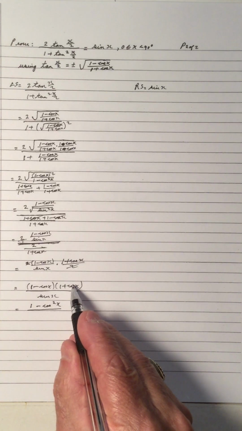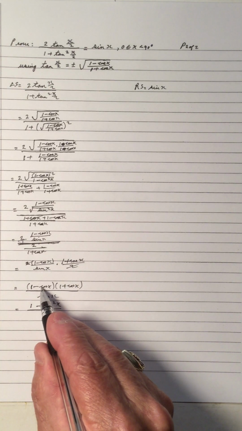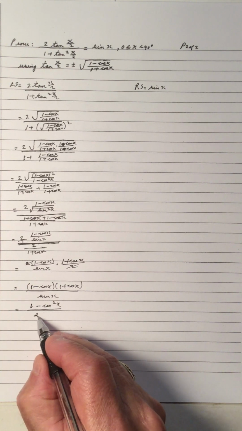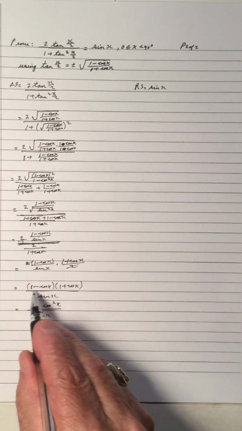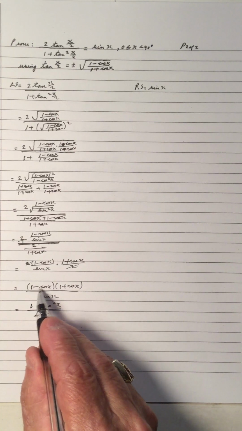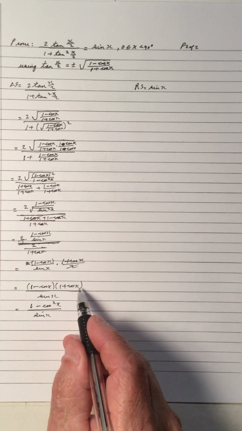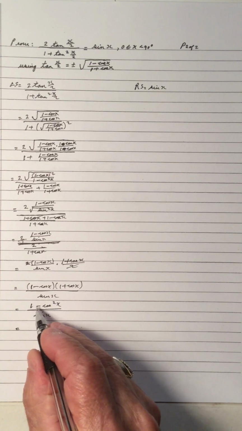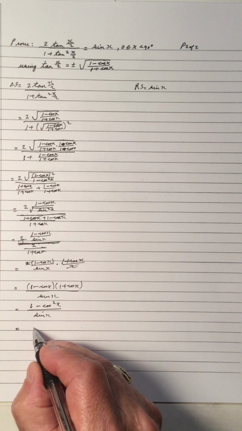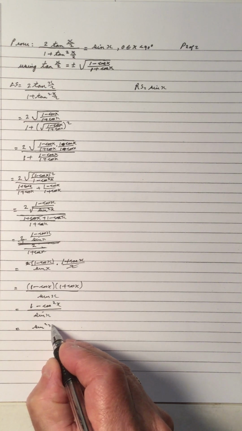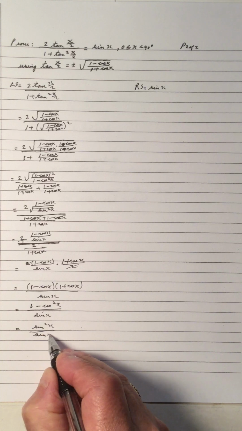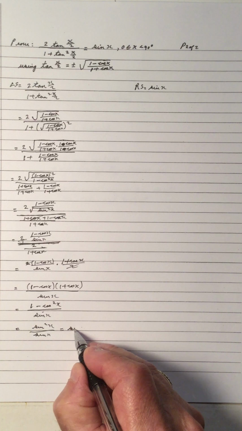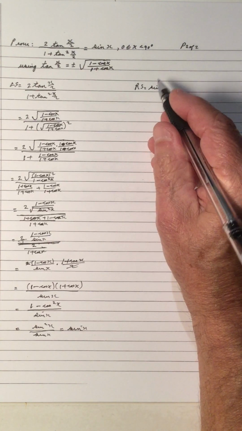The outside is plus cos x, the inside is minus cos x, and they give you 0. So 1 minus cos squared x is sine squared x, and sine squared x divided by sine x is sine x, which is what we need.